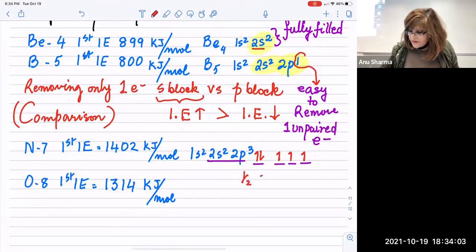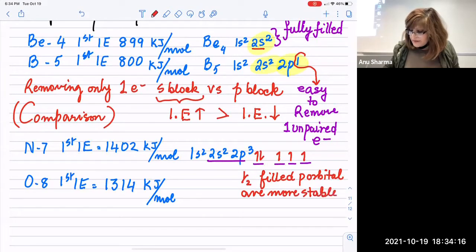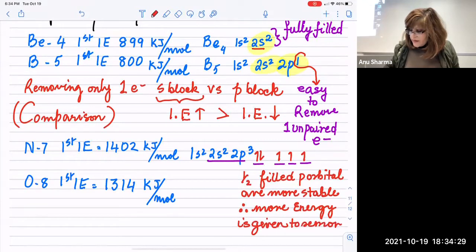Half filled p orbitals are more stable, and when they are more stable, more energy is needed to remove electrons from p orbitals.